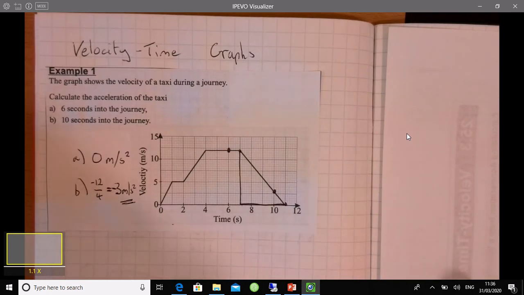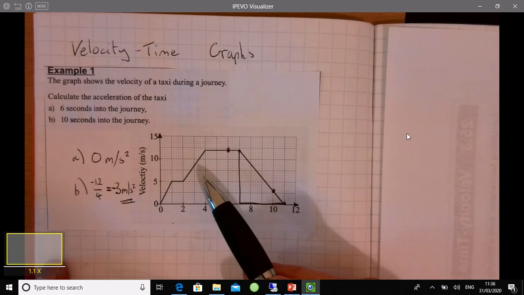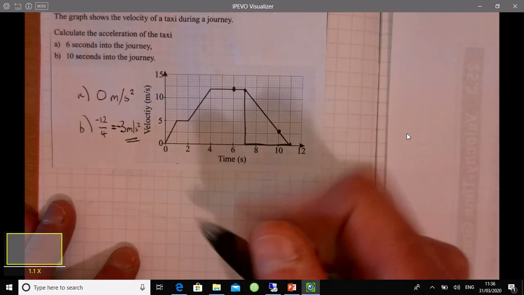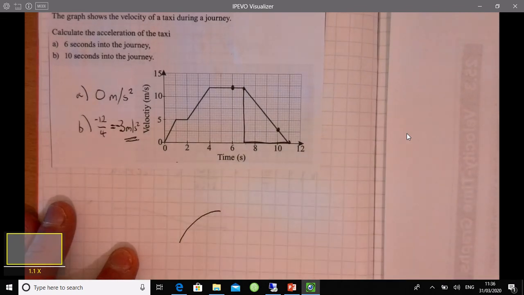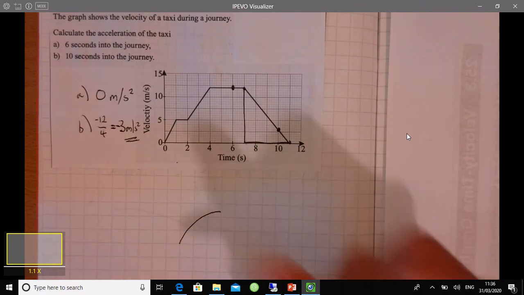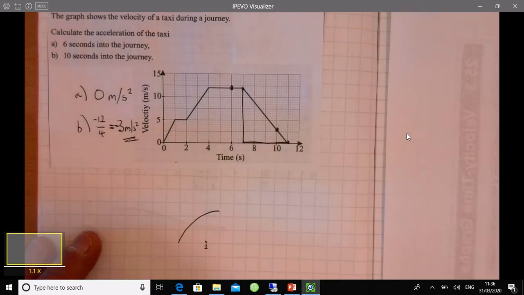Okay. Right. Let's have a look at a couple more ideas. Something else here, by the way, let me just show you. If you might get a curved line, and it asks you to calculate the acceleration at a particular point. Let's just imagine 2 seconds into the journey was this point here, and the question's asking me to calculate the acceleration at this point.